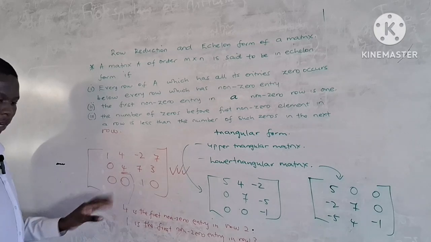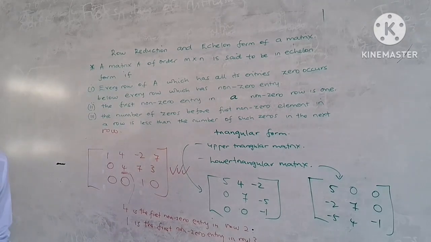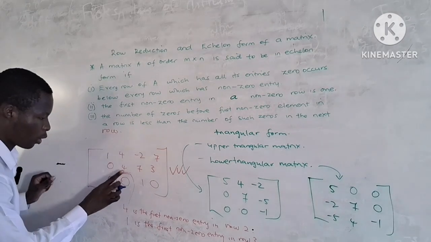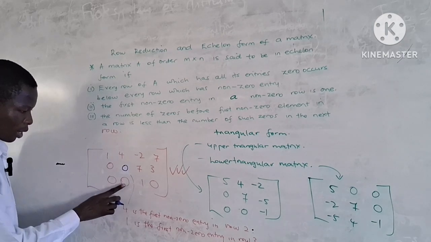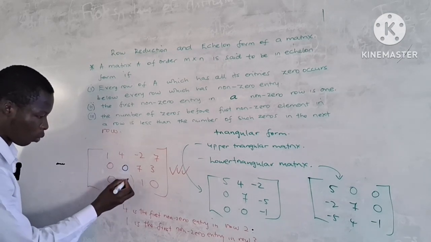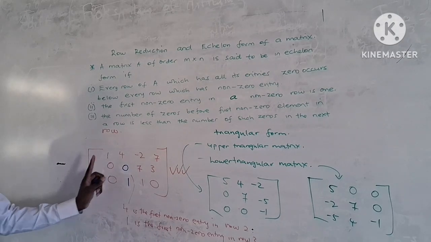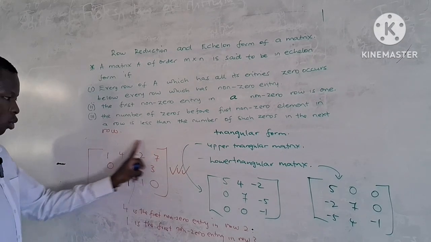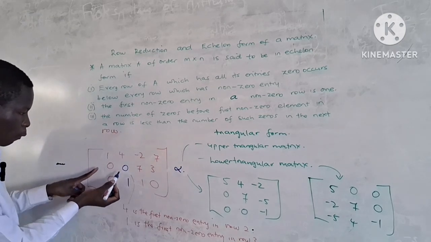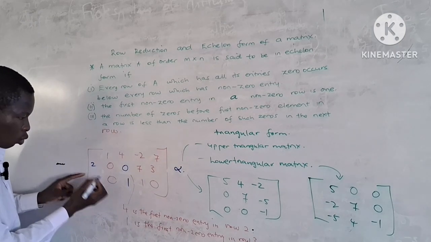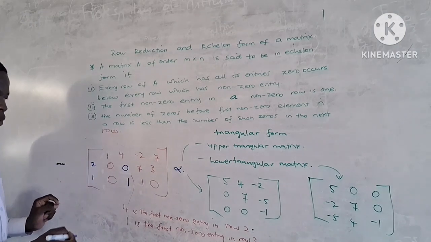So this is correct. But if you write something like this now, if you say 0, and you say 1, this is not correct. This is wrong. Why? Because the number of zeros here is 2 and the number of zeros here is 1.